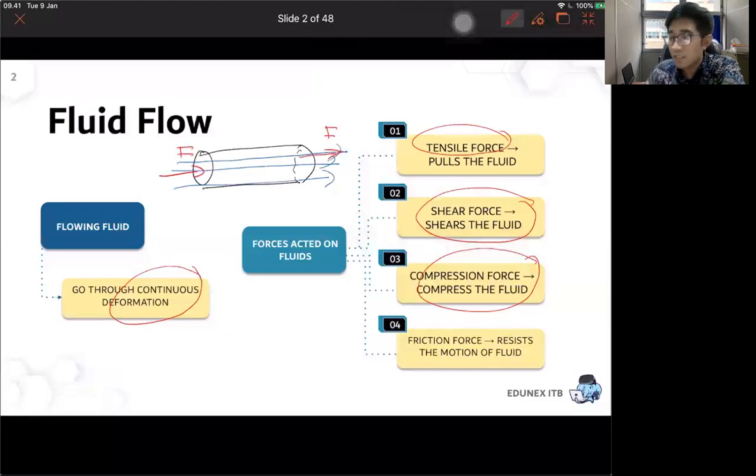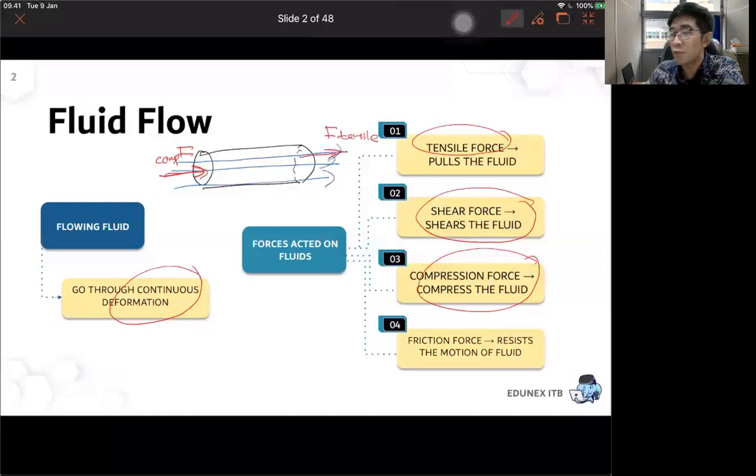But the direction is similar. The direction of the force will be the same direction as the fluid flow. So this is the tensile, this is the compression. Just the position is different, but the direction of the force is the same.